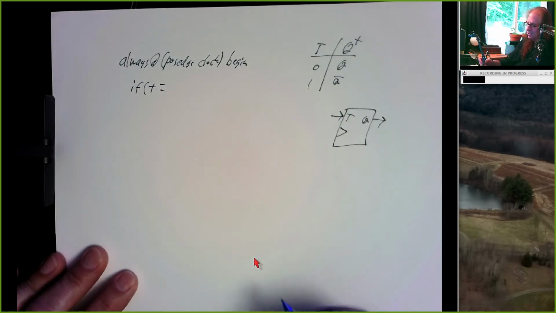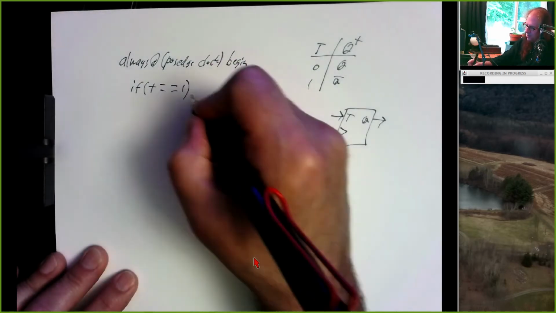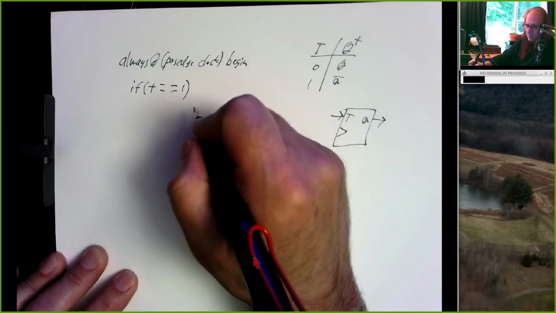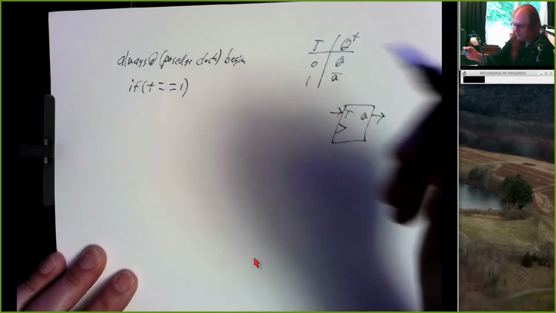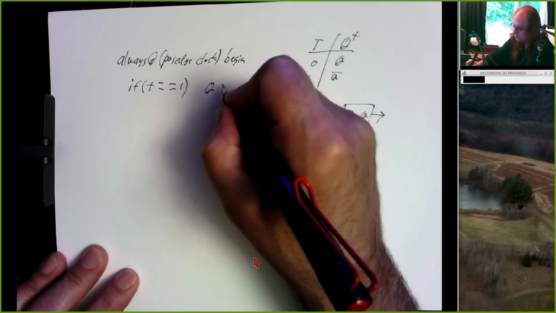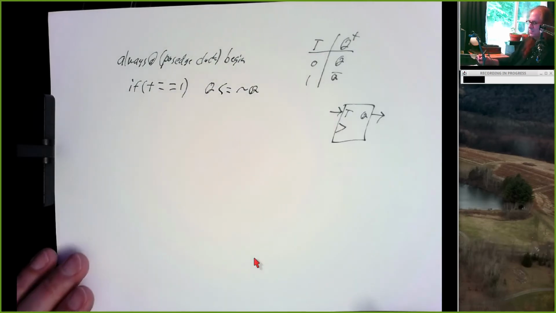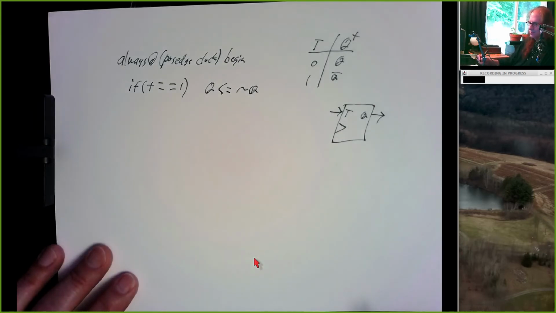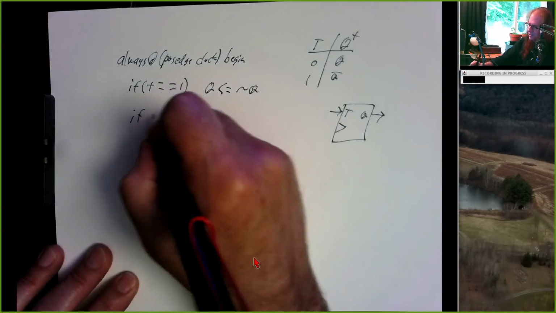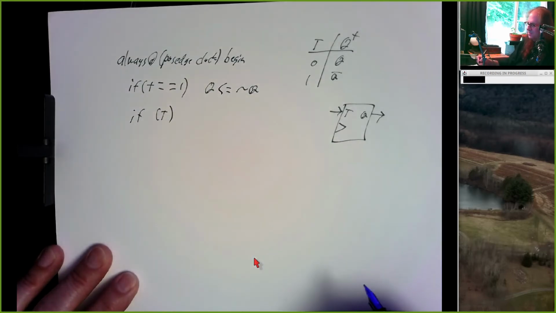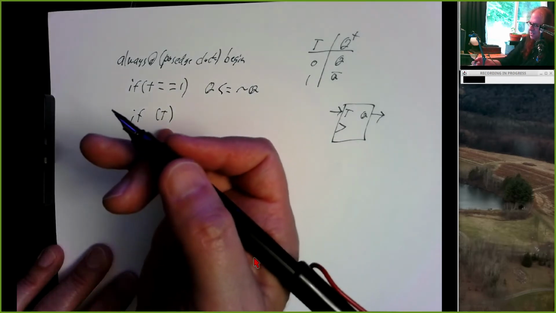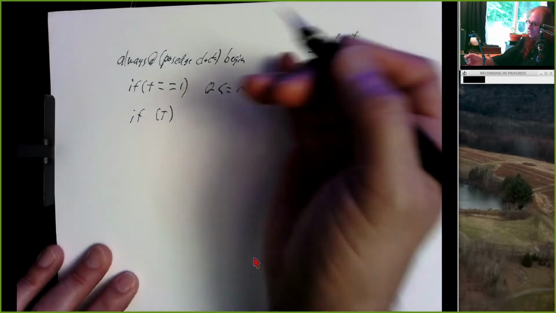So really all I care about is if T is equal to 1, then Q is assigned to not Q. And in Verilog, like in C, we could just say if T, and this means if T is non-zero, then set Q equal to not Q.